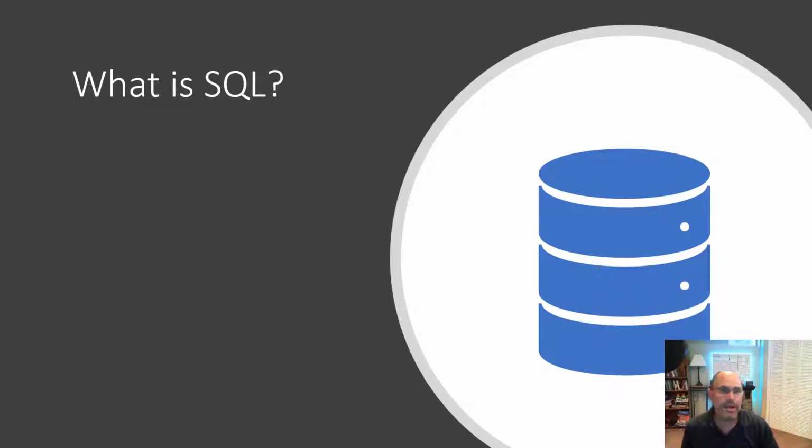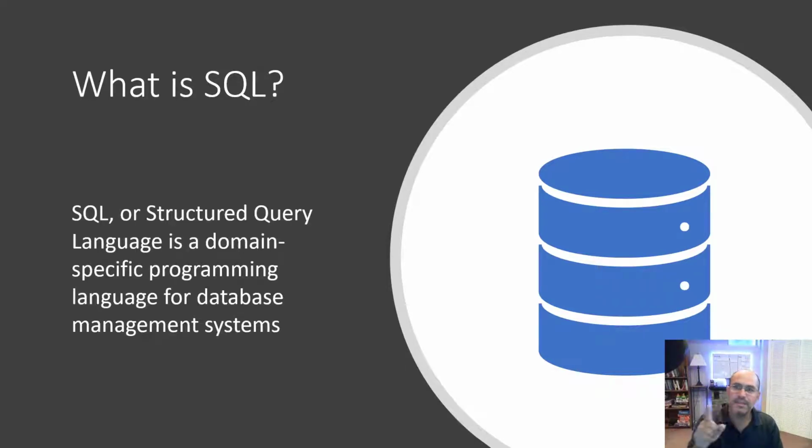What is SQL? SQL is a programming language, but it is domain specific. A domain specific language implies that it serves a specific purpose and is not designed for general purpose programming. So, for example, languages like Python or C# or Java or even JavaScript, you can pretty much write anything you want in those languages.